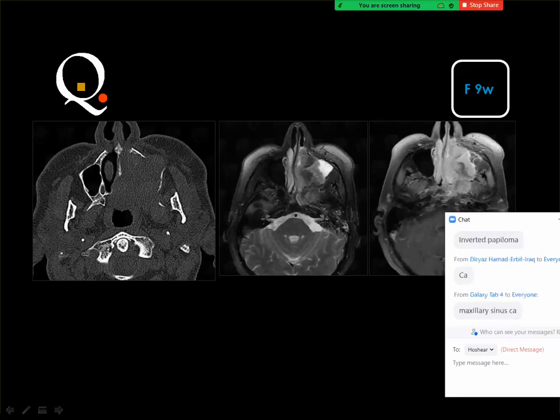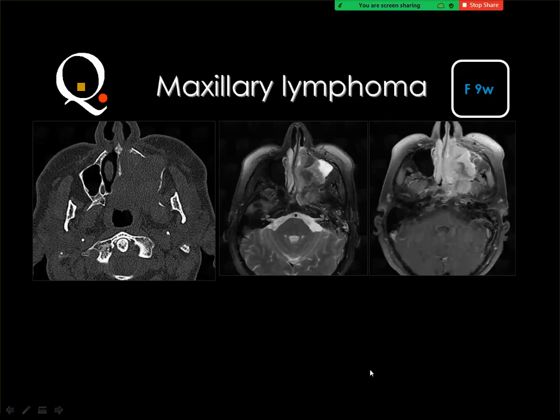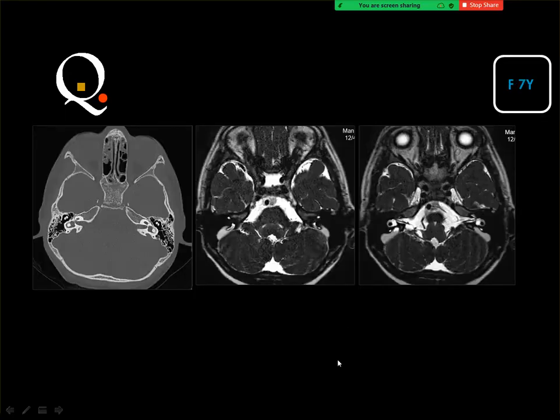You think of carcinoma, and if you are asked about the differential diagnosis, you say that maybe lymphoma or metastasis, and this has been proved by biopsy to be a lymphoma. Actually, the diagnosis of carcinoma should be first because it is much more common than lymphoma.